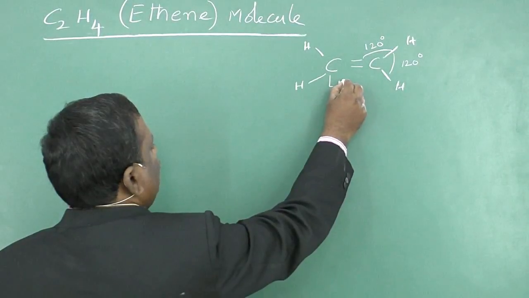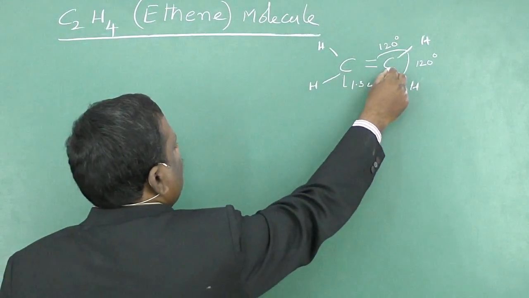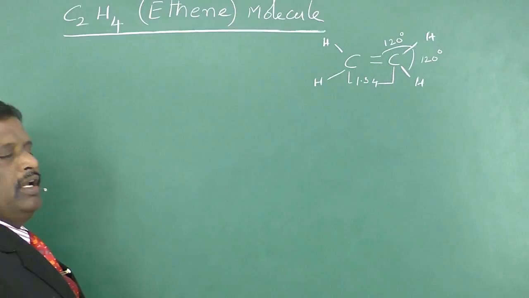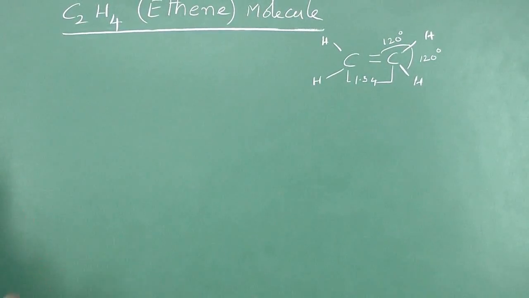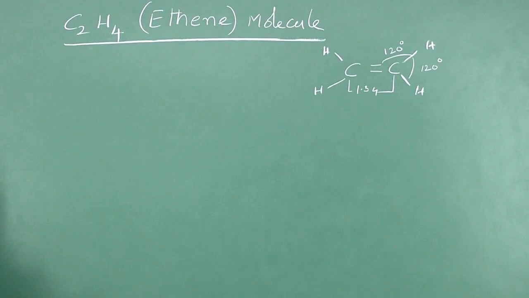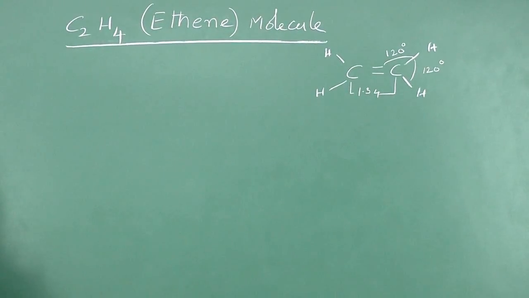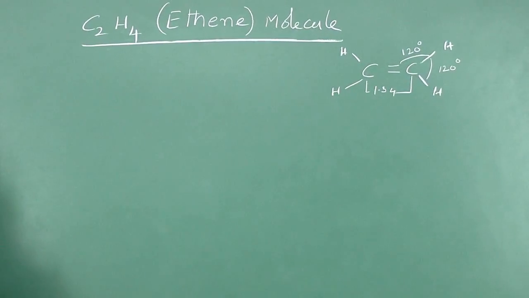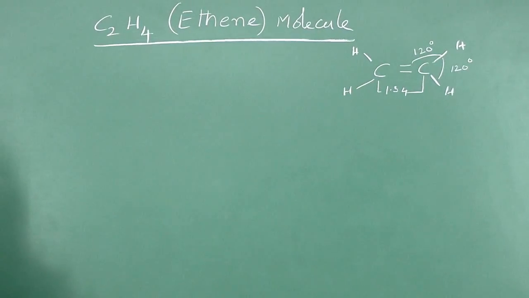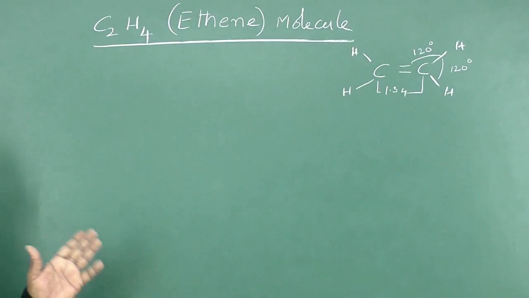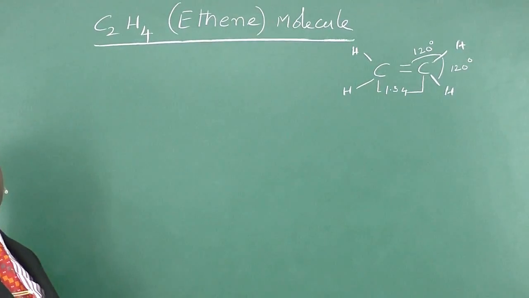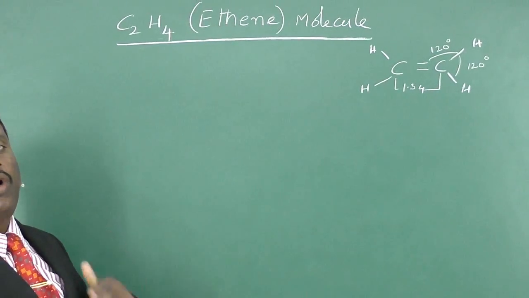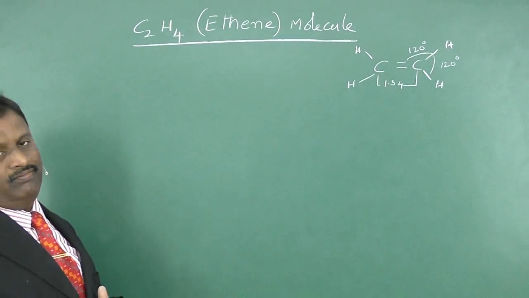The presence of a double bond can be proved by its bond length and bond energies, because for the C-C bond which we see in ethane, the bond length is found to be 1.54 angstroms, whereas here the bond length is found to be 1.34 angstroms, and the bond energies are also different. That's why bond length and bond energies show that there is a double bond between the 2 carbon atoms. Now we are explaining how that double bond is possible.